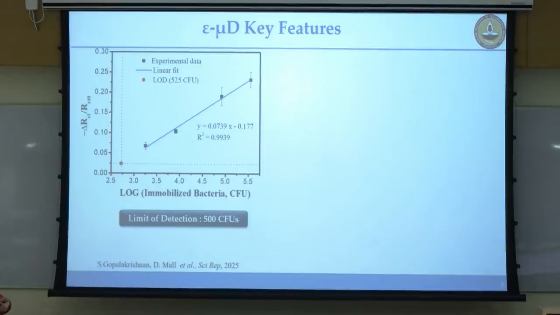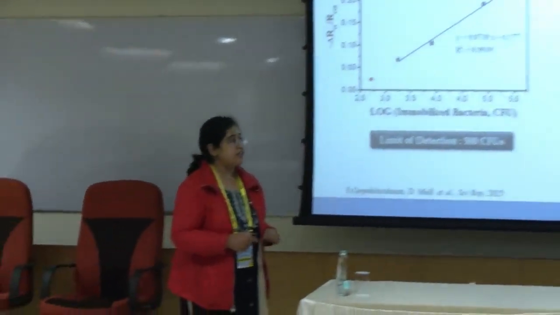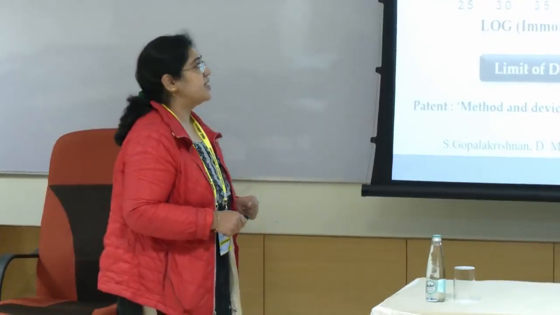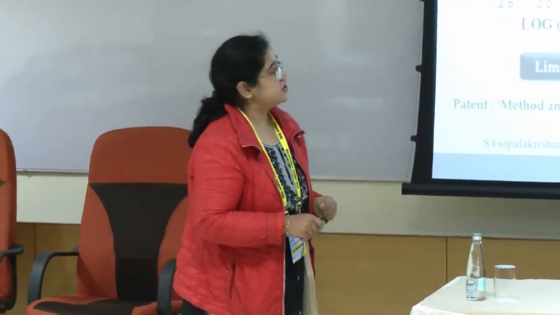When a doctor diagnoses a UTI, the bacterial load is usually 10 to the power 5 CFU per ml. So we are able to detect 500 CFU, which is really good. So what are the different features? We are able to detect a very low concentration of bacteria within 3 hours.